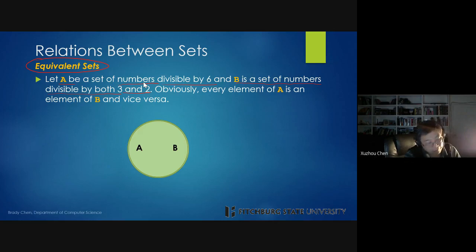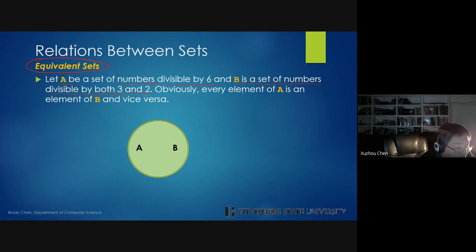So we define two different sets, A and B. But if you study these two sets, and you know a little bit about elementary math, we know that any number which is divisible by 6 is divisible by both 3 and 2, right?